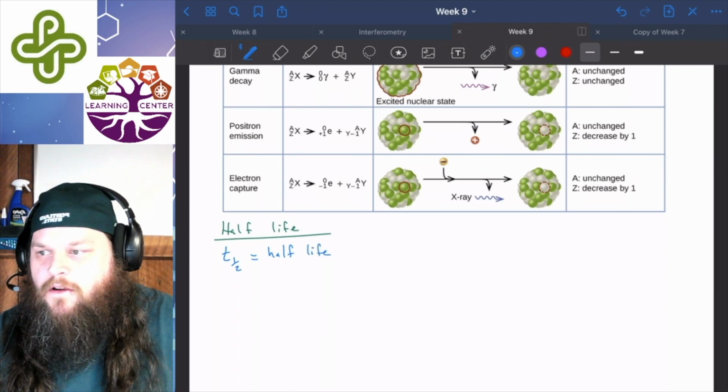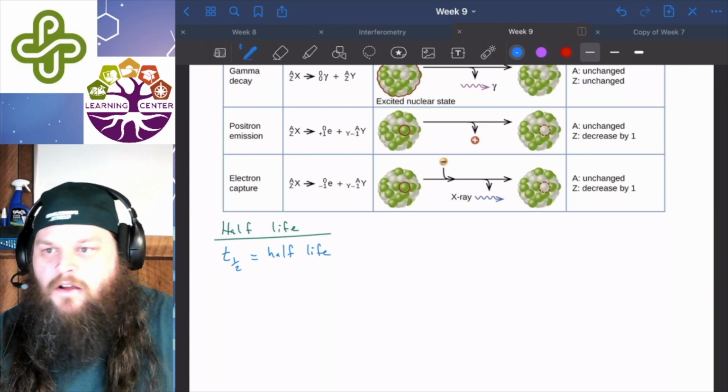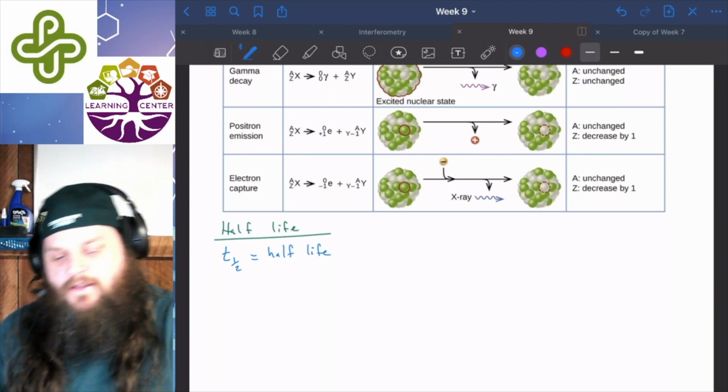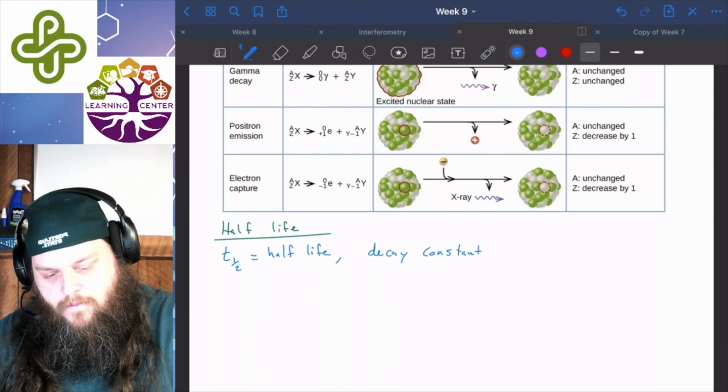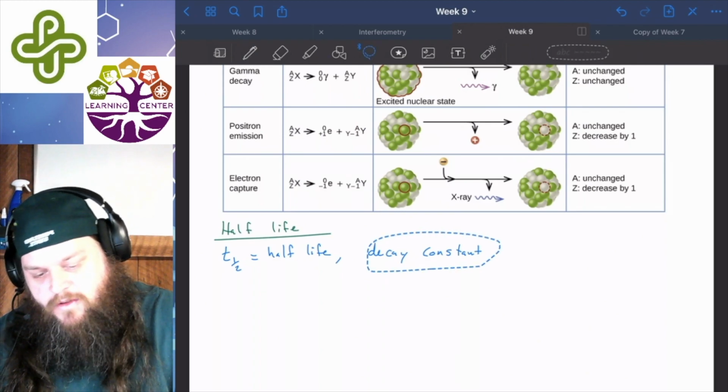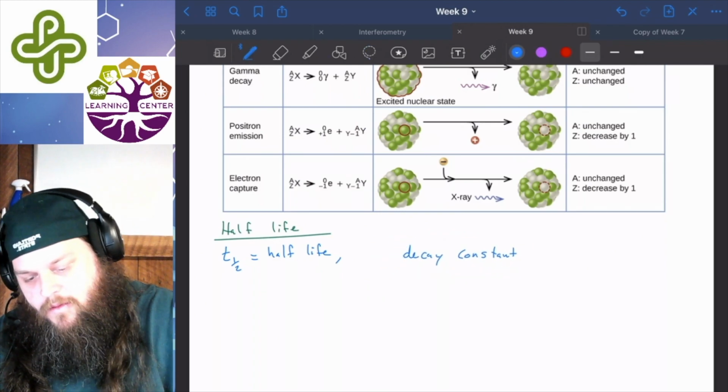And the other constant or variable that we look at is called the decay constant, which we usually use the character lambda for.